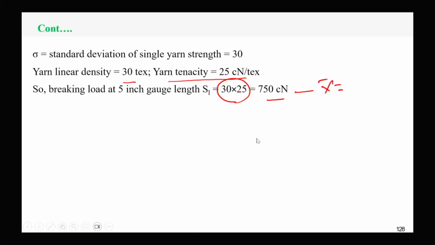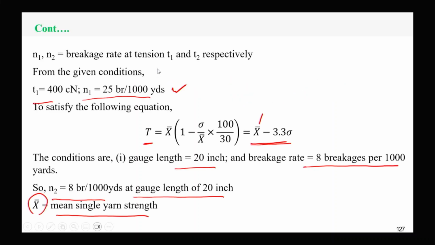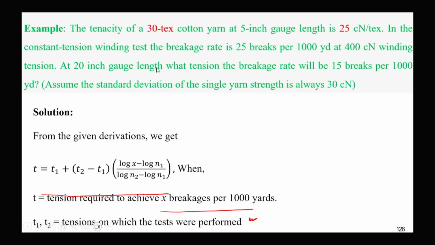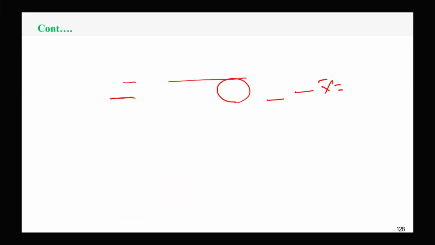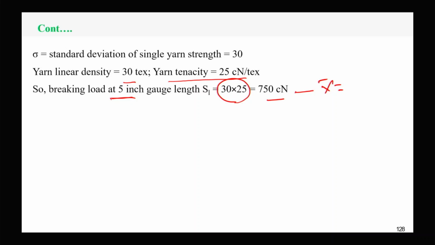But it is given at a 5-inch gauge length. In the given numerical, this 25 centinewton per tex is at the 5-inch gauge length, but our condition is that we should have a 20-inch gauge length.